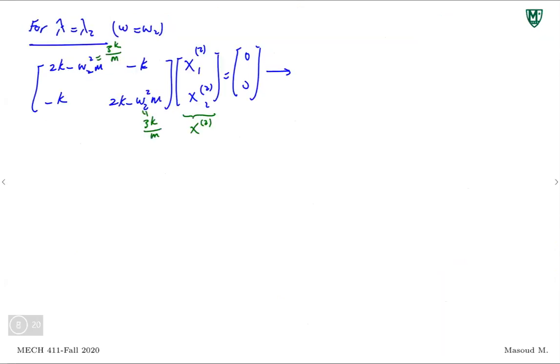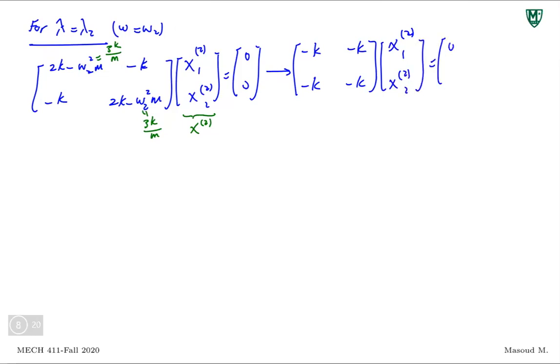This is omega 2, and then omega 2 squared becomes 3k over m. If I do the math, m and m cancel, so this becomes minus k, minus k, minus k, minus k, times x2,1 and x2,2 is equal to 0, 0.